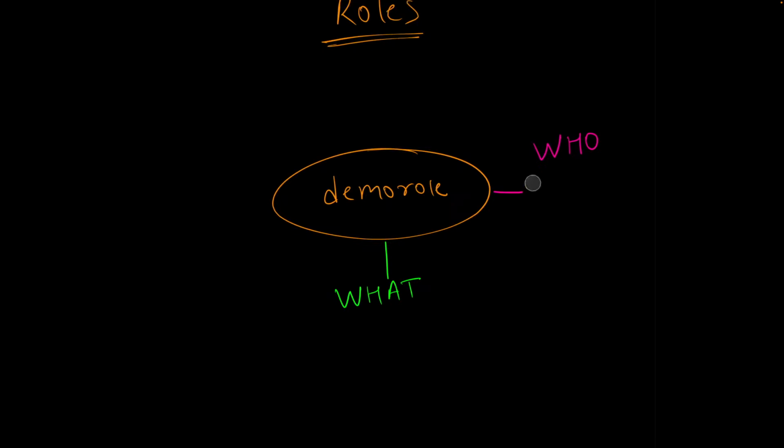Here we have what is known as the trusted entity that can assume the role. And the second part is, once the trusted entity assumes the role, what policy is associated with the role.